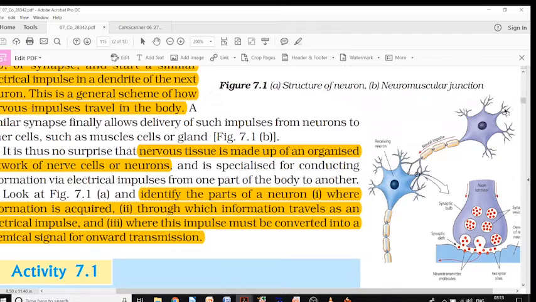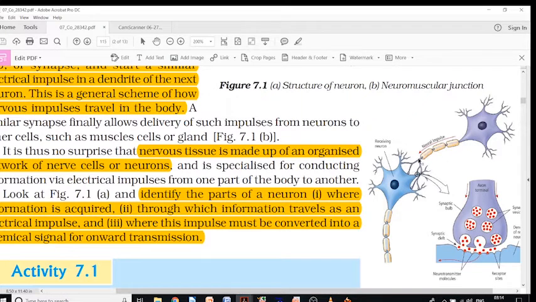So first one electrical impulse is carried till here, then the electrical impulse changes into a chemical, and that chemical is then received by the receptors of the other nerve cell, again it is converted into an electrical impulse, and then the electrical impulse is again carried. So continuously this thing is going on.